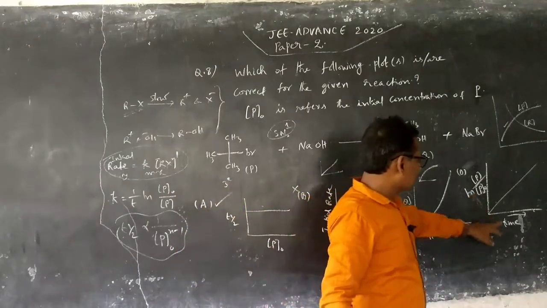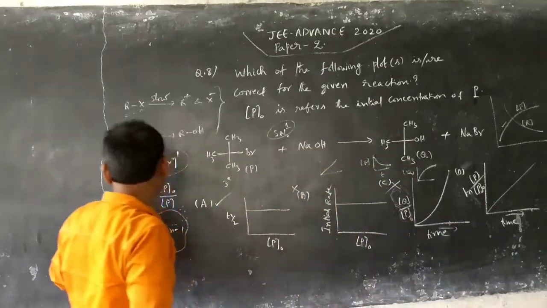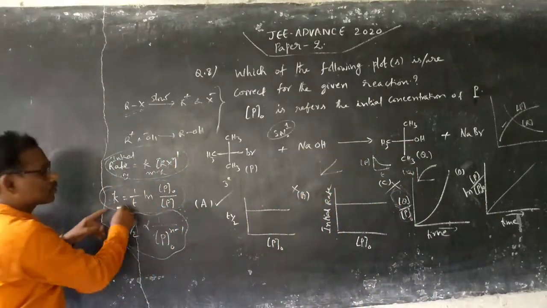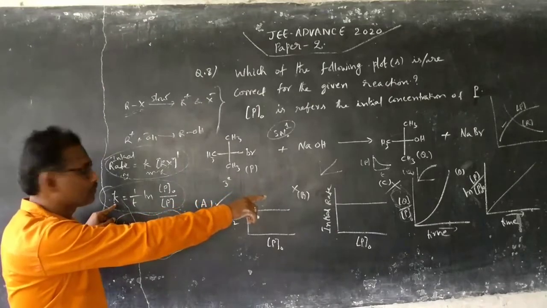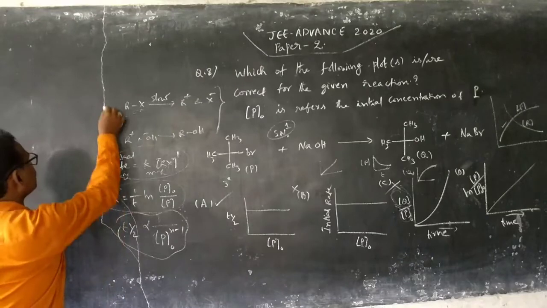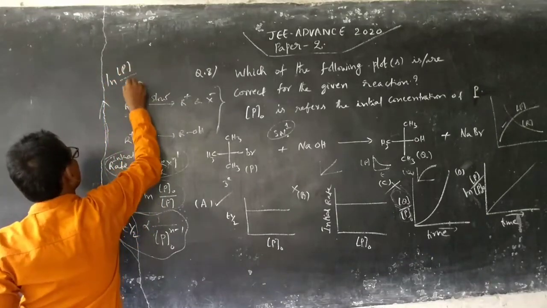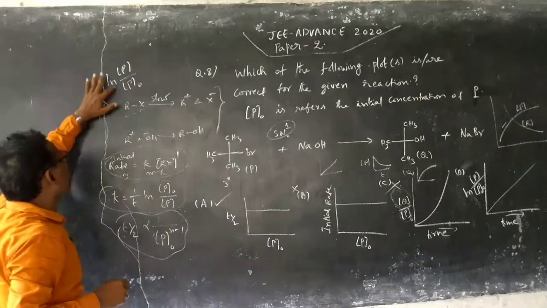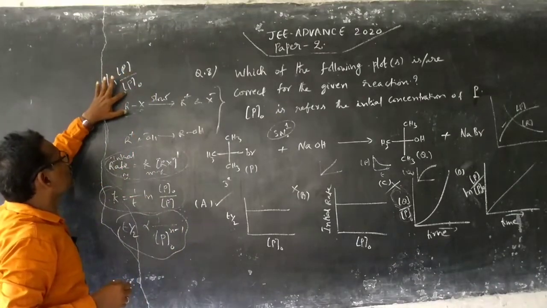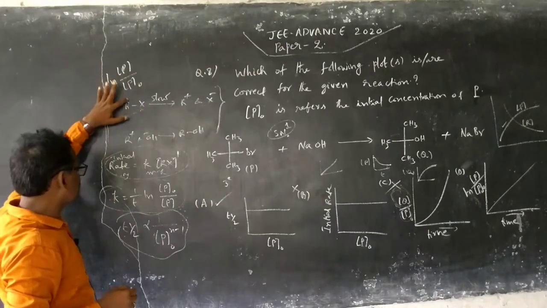Now this expression, this equation, helps us to analyze that plot. From this equation what can we write? ln of the concentration of reactant at time t divided by the initial concentration, that is final concentration by initial concentration.